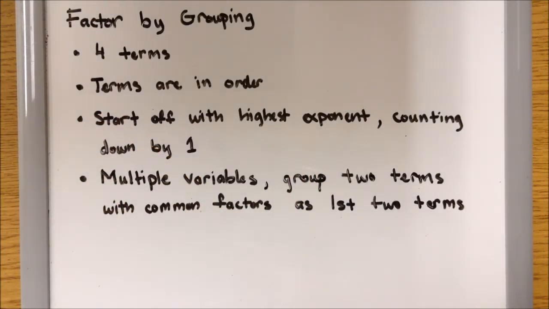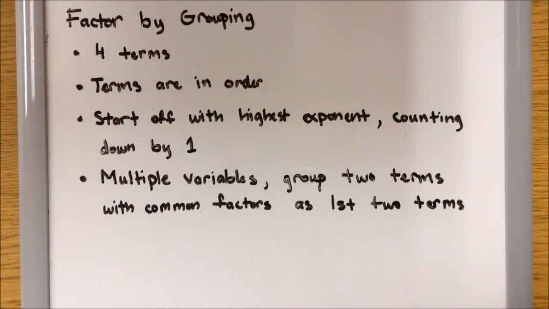Now, there is another part for grouping, a special case, when there are multiple variables. That means an example where it could have an x and a y, an a and a b, or an m and a p, or an m and an n. When there's a problem with 2 variables or more, what you do is group 2 terms with common factors as the first 2 terms.